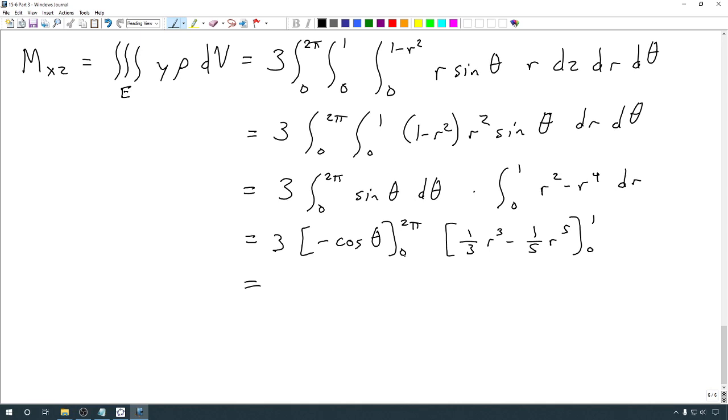When we plug in 2 pi and 0 into cosine, we don't get 0 this time, but they both turn into a 1. So we have a negative 1 minus another negative 1, or negative 1 plus 1 is 0 again. This integral here is 0. That means this whole thing turns out to be 0 as well. So again, all this stuff over here with the r's really didn't matter in the long run. Again, you might have been able to predict that, and we'll explain why in a moment.